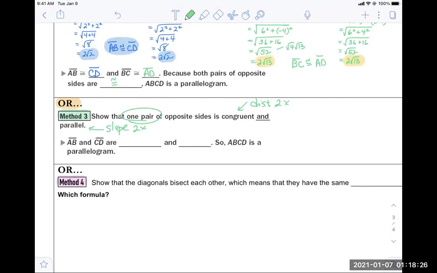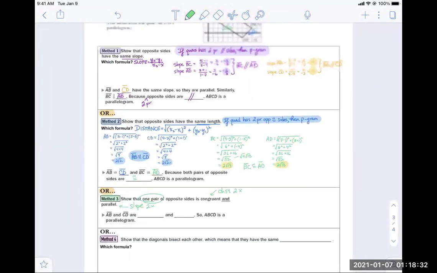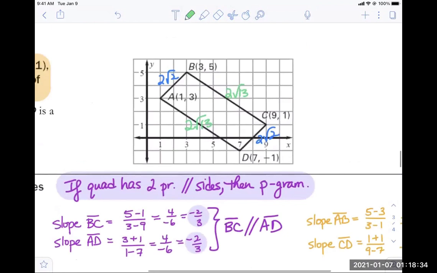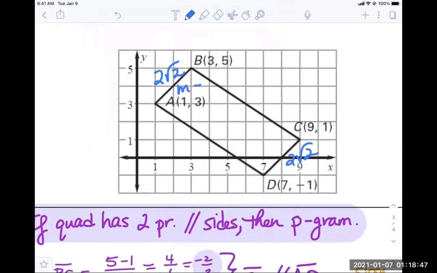Now, we have already done the calculations, so I'm not going to make you do that over again because we already know what those lengths are. AB and CD are the sides they chose. Okay, they picked AB and CD, which are both 2 root 2. And their slopes are both 2.